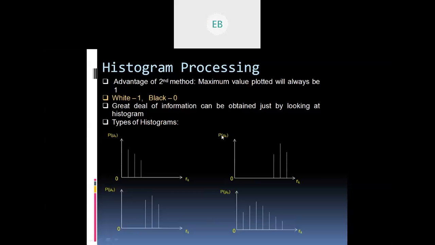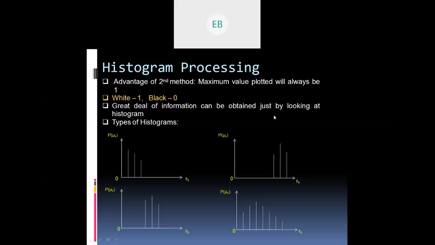But users frequently use the second method, because in the second method the maximum value plotted will always be 1. So when we are plotting a graph using histogram processing, the maximum value we get is always 1.